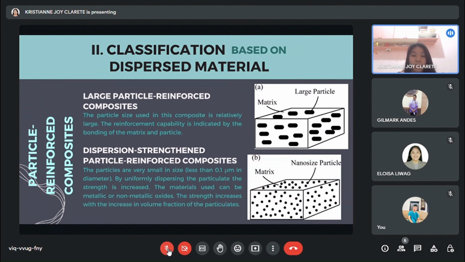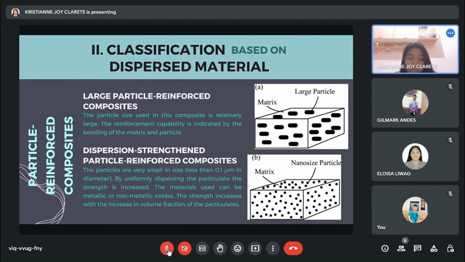Under this are large particle reinforced composites and dispersion strengthened particle reinforced composites. In large particle, the particle size used in this composite is relatively large. The reinforcement capability is indicated by the bonding of the matrix and particle.